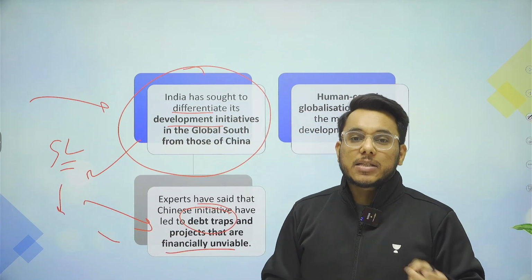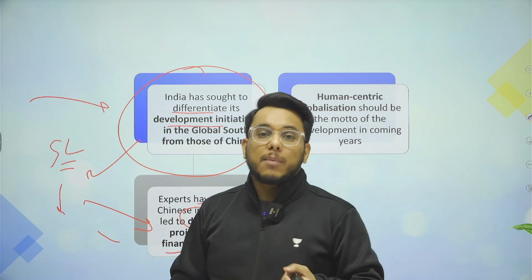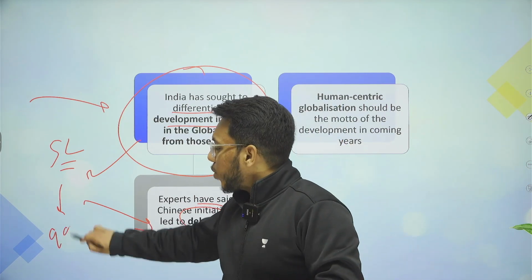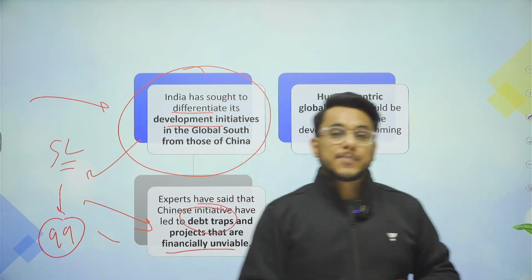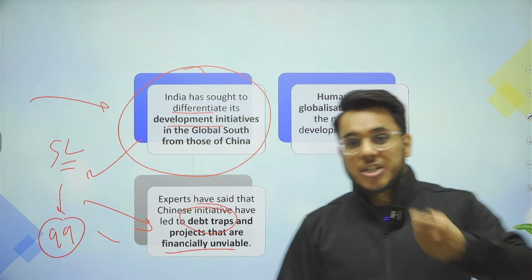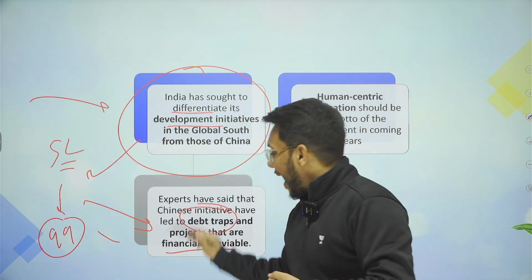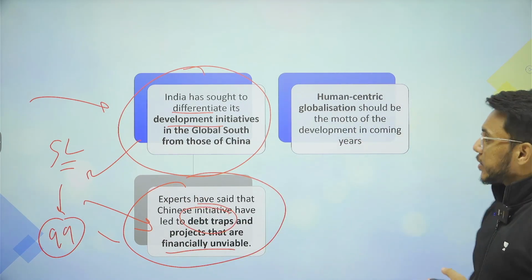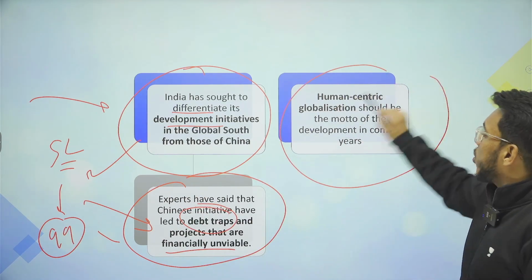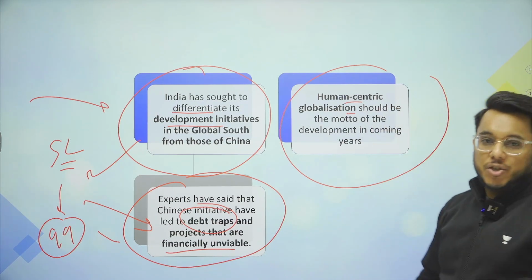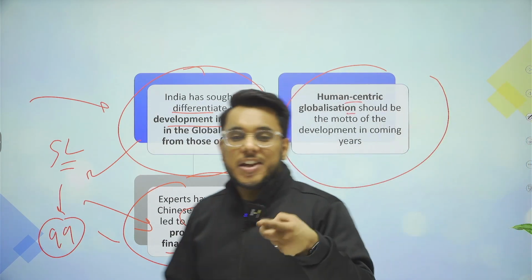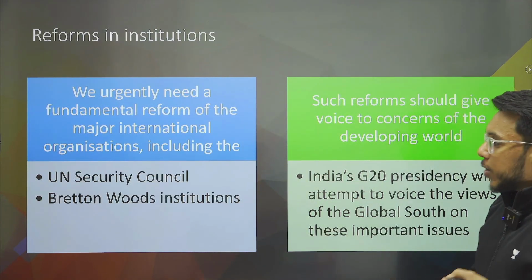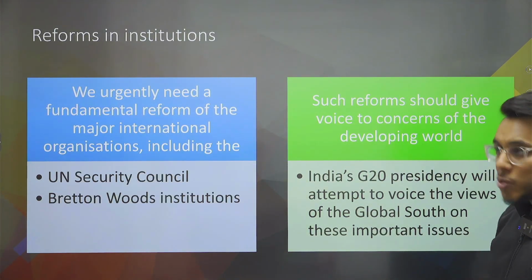China financed the development of Hambantota port, and when Sri Lanka was not able to pay back, Hambantota port was taken by China on a 99-year lease. So China has often followed debt trap diplomacy, but India at the same time has a human-centric idea of globalization, where India believes in building the capabilities of fellow nations. Therefore, India happens to be a more suitable contender.